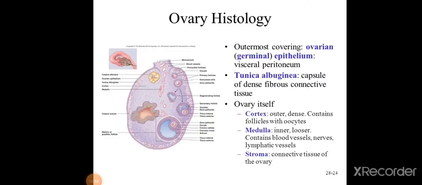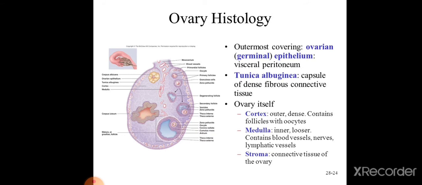So in the histology of the ovary, we have the outermost covering, which is known as the ovarian epithelium, also known as germinal epithelium. Then inside that we have tunica albuginea. It is the capsule of dense fibrous connective tissue.